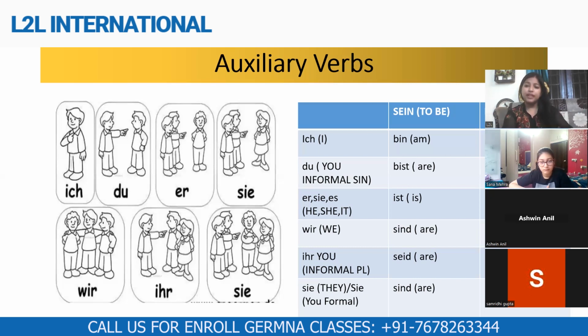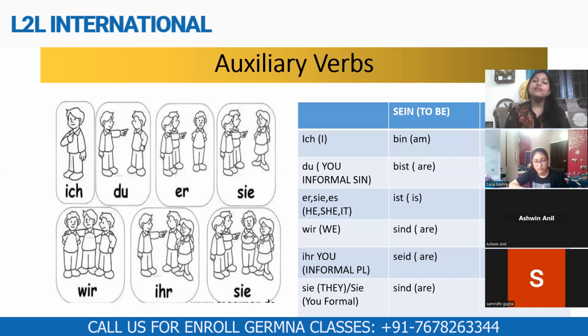Er. Third person he. Now, if I, Sana, and Samriddhi are there, so Samriddhi is what? Sie. Sana is you. I am ich because I am talking. Sana is you because she is a second person, and Sana has got her friend Samriddhi. So Samriddhi is a third person, sie. Then wir. So if I say that we all are learning German, so wir is the representation of we.